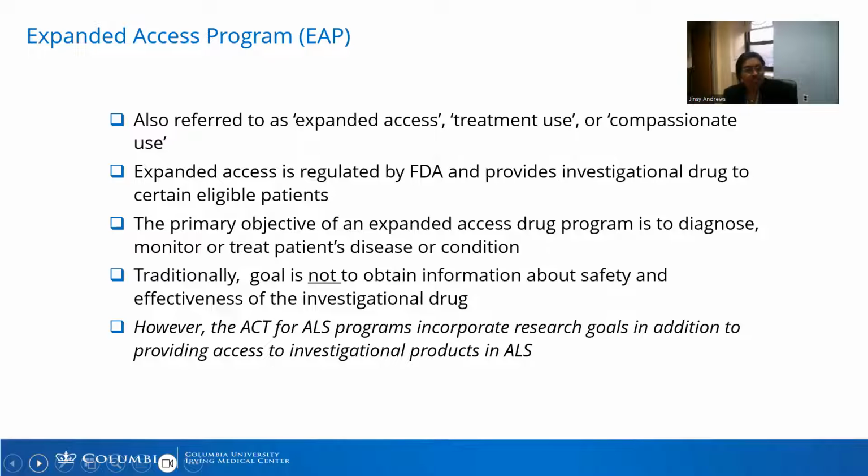So traditionally, EAP was not intended to obtain information about safety and effectiveness of an investigational drug. However, the Act for ALS programs are a little bit different and kind of combine a little bit of research in parallel with access to an investigational therapy through expanded access.